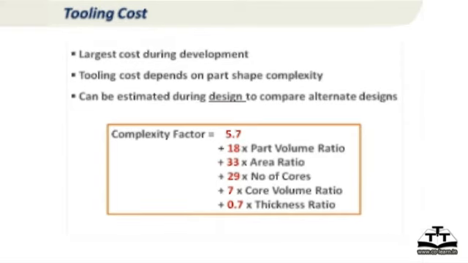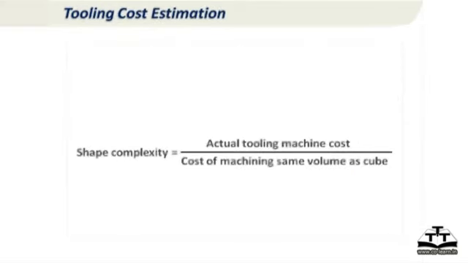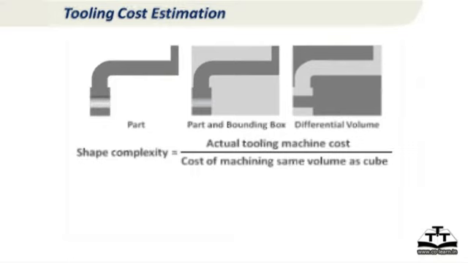Now let's actually apply it to real life. First, quickly, what we can now redefine shape complexity as, and that answers your question also: we can redefine shape complexity as the actual tooling machining cost divided by the cost of machining a cube of the same volume.